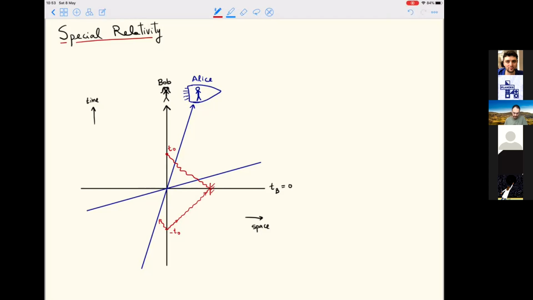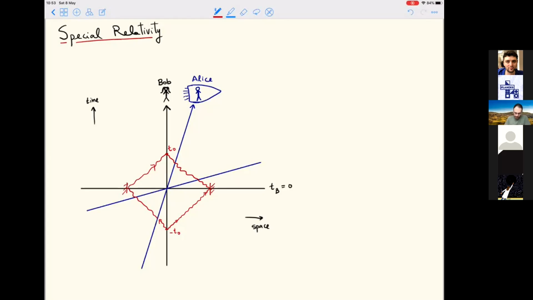That happens on both sides, right? Both sides have t equals 0. So that's an algorithmic way to define what is t equals 0 for Bob. You can always check: does this point have t equals 0? Let me send a photon at some negative time and receive it exactly at the same positive time t0, and if it reflects at that point, then it is.